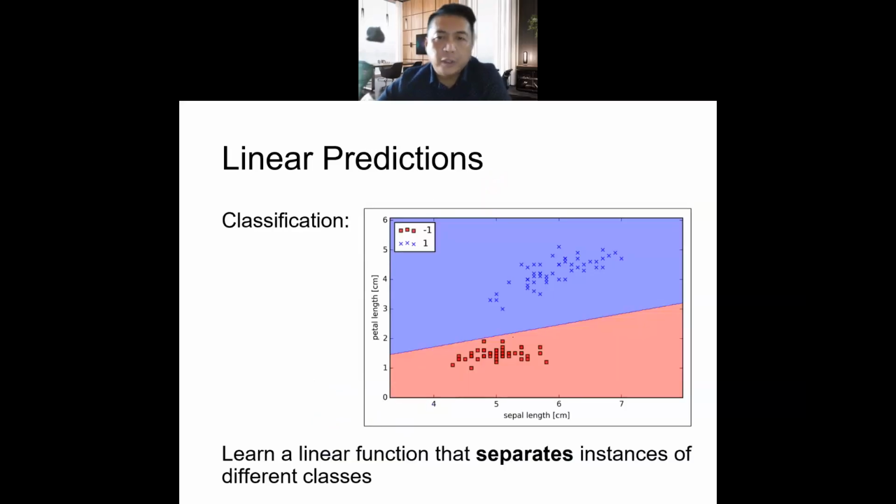But in classification, we want to draw a line or a plane or hyperplane that will separate these two classes. So we need to learn a linear function that will separate instances of different classes. This is -1, this is +1, meaning that this is a positive case sample, this is a negative sample.